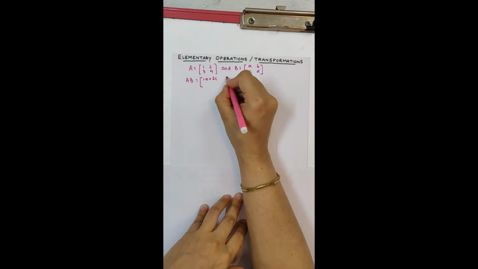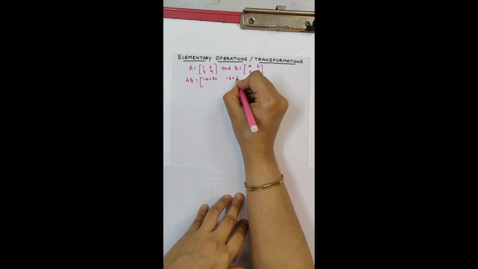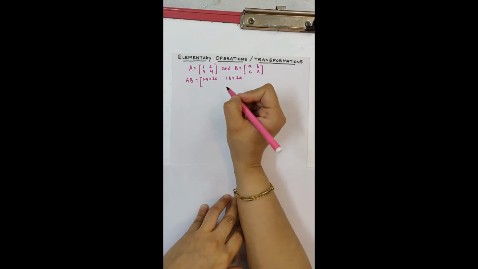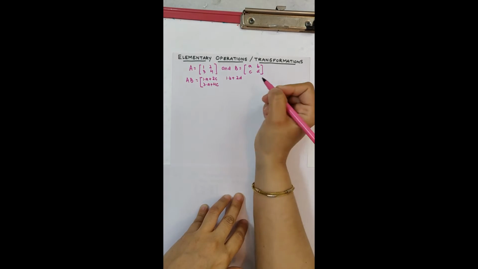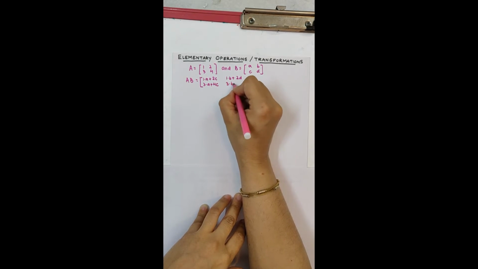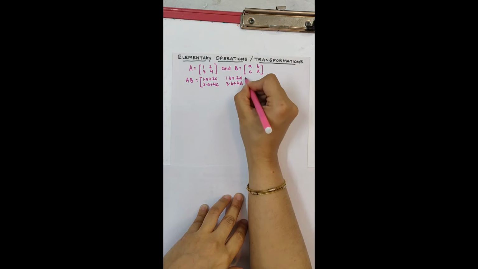The second element will be 1b plus 2d. This element will be 3a plus 4c, and this element will be 3b plus 4d.